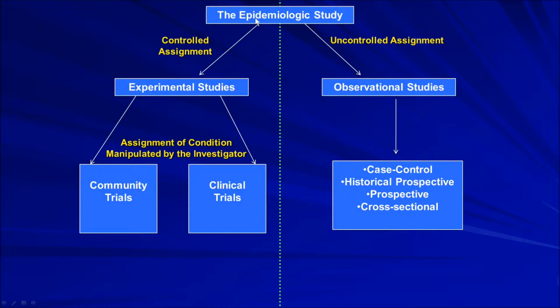At the top it says that these are epidemiologic study designs. You might say that these are medical or epidemiological study designs, but they're not study designs from the social sciences.